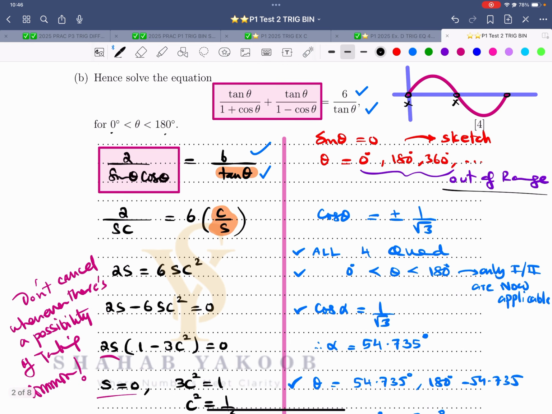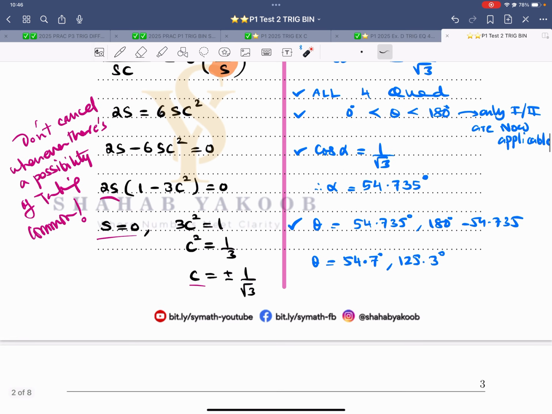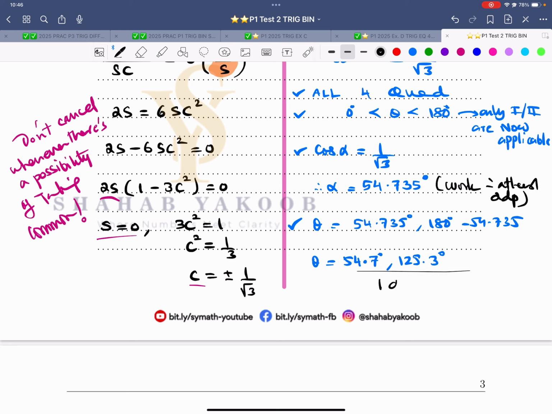Keep that in mind. And then it says cosine theta is plus minus 1 over root 3, all 4 quadrants officially, but because of the limited range, only first and second quadrant are now applicable. Basic angle is this thing. Work in at least 4 SF. My bad, in at least 2 decimal places. Because the very final answer is 1 decimal place, because we are talking about angle in degrees.